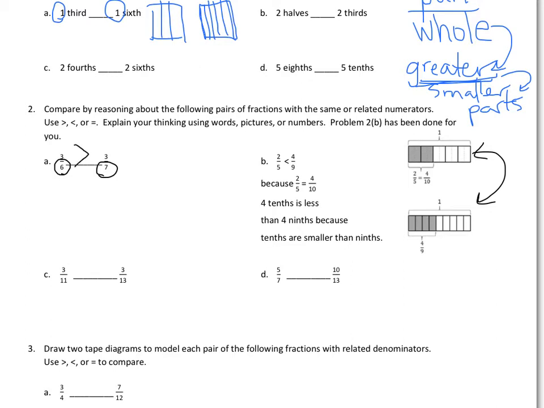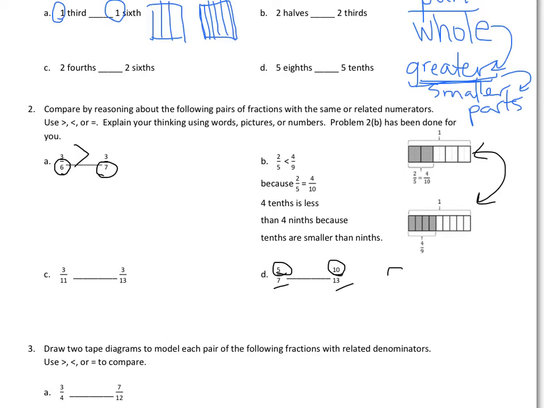So students are going to use that thinking on A and C, and then on D, it gets a little trickier because you can see here we don't have a like numerator or a like denominator. Traditionally, people are told to change the denominator so the fractions are equivalent and we can compare them. But today we learned that if we know the piece, or the numerator, we can compare those as well.